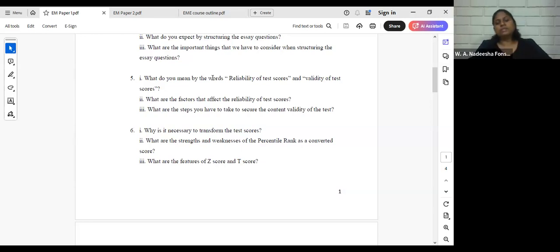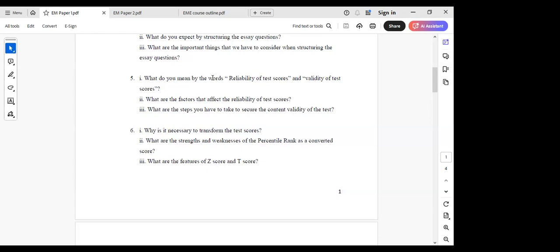What are the strengths and weaknesses of the percentile rank as a converted score? We discussed it last day. PR, percentile rank, which we obtain from the cumulative frequency curve. Easy to calculate from the norm group.